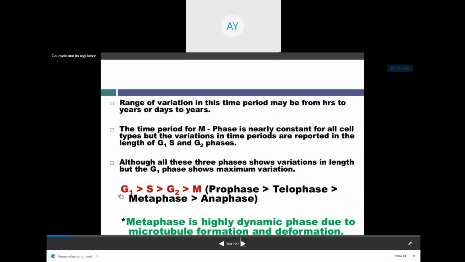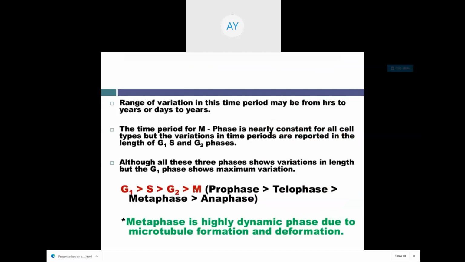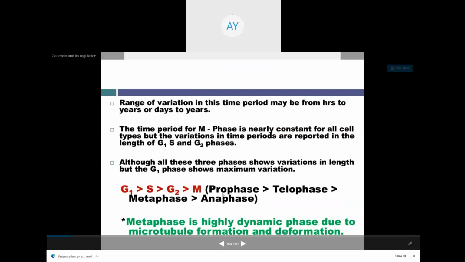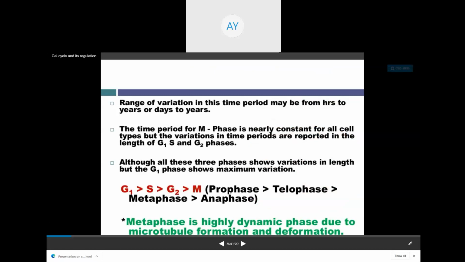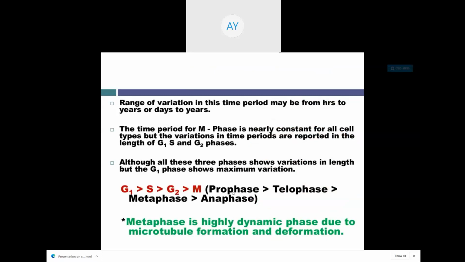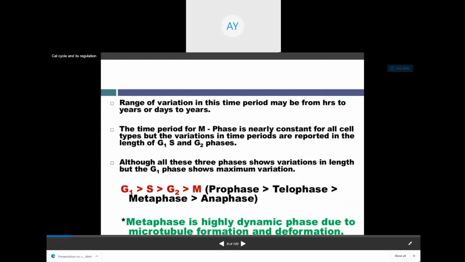The G1 phase has the maximum duration, that is 6 to 12 hours, then S phase has 6 to 8 hours, then G2 phase 3 to 4 hours, then M phase maximum 1 hour, and further there is a subdivision of the time. You see that is the length of time for the division. So prophase takes the maximum time, then telophase, then metaphase, and then anaphase.